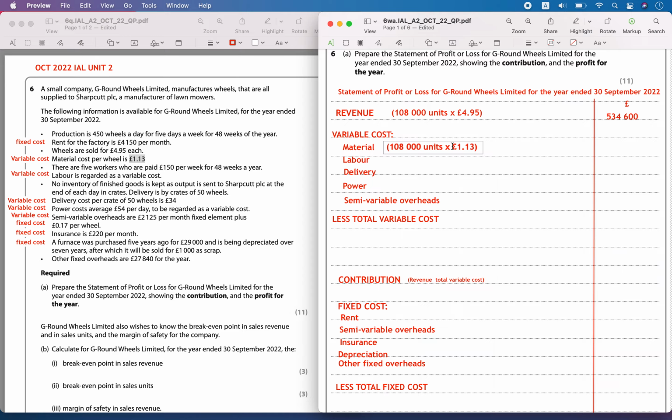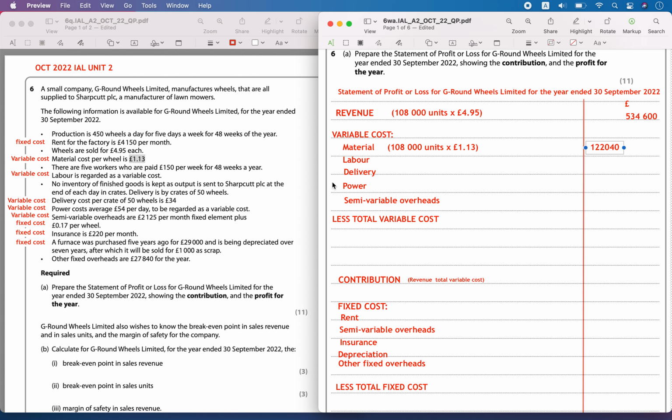So 108,000 times 1.13 is going to be equal to 122040. Okay, this is material, we'll write it here.